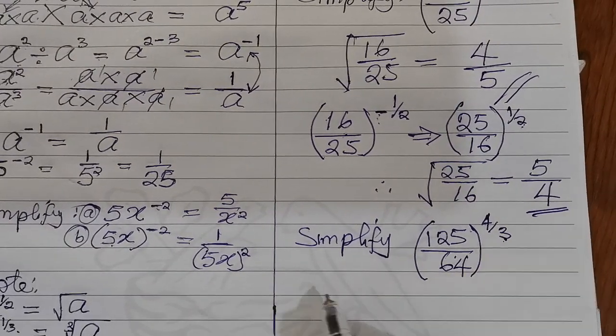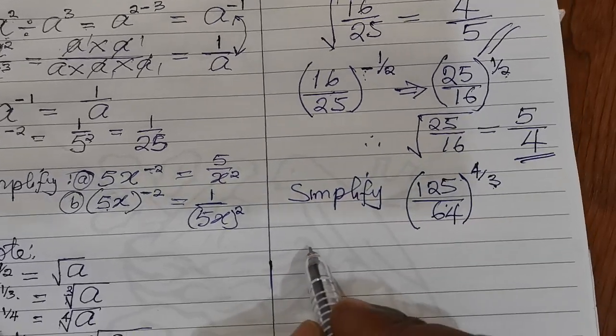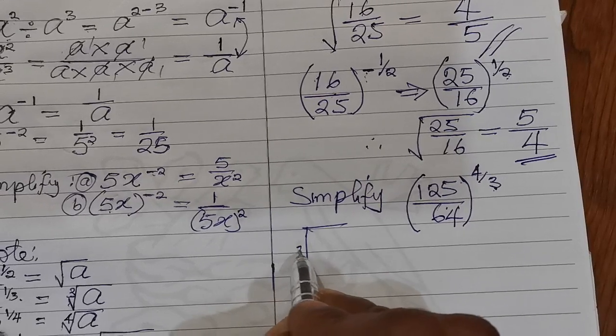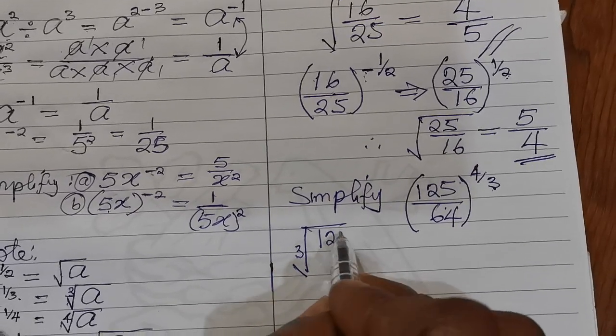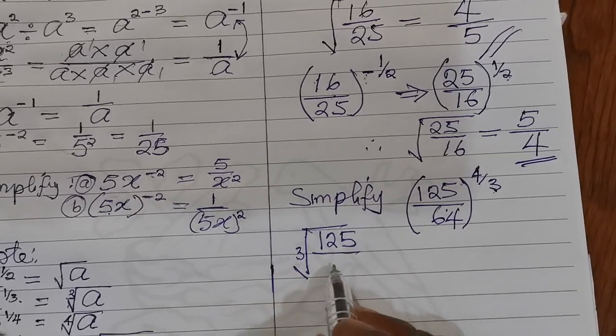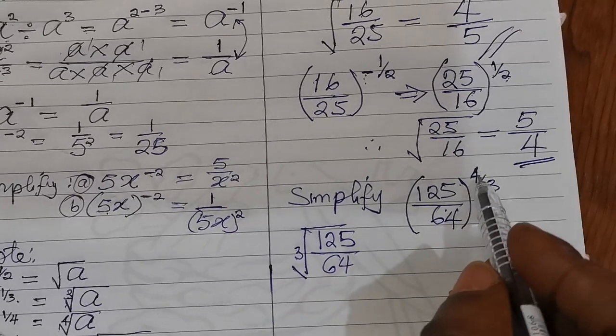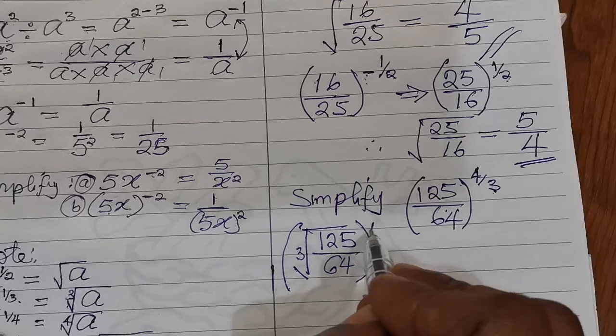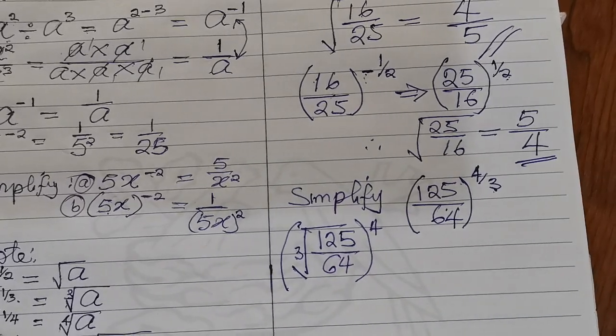That means it's 3, so I'm looking for the cube root of 125 over 64, and the numerator is now the power. Whatever I have, I'm going to raise it to the power 4.